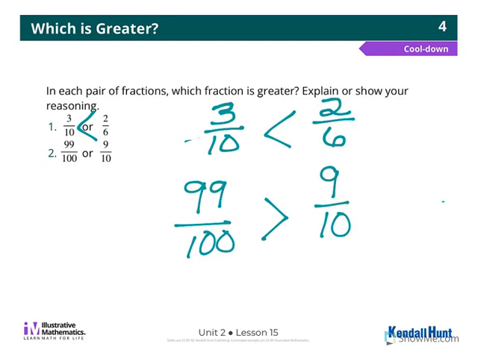Now, I could check this with some mathematical reasoning. I know 9 tenths is 1/10 away from a whole. I know 99 hundredths is 1/100th away from a whole. So because a hundredth is smaller than a tenth, I know 99 hundredths is going to be closer to 1 whole.